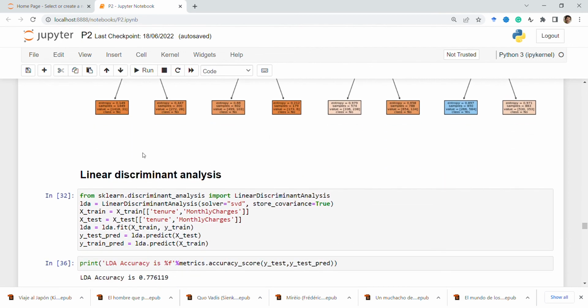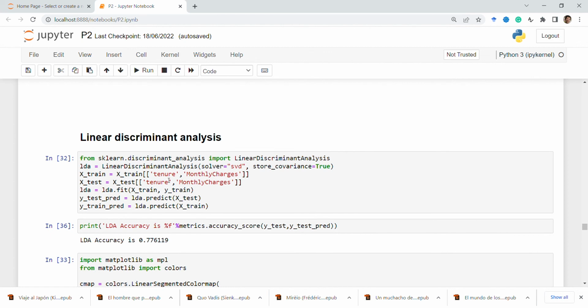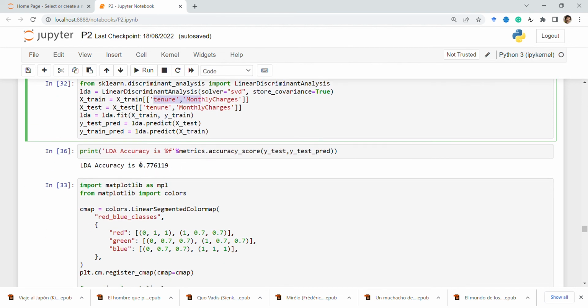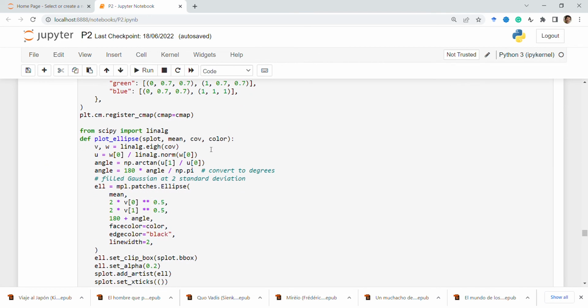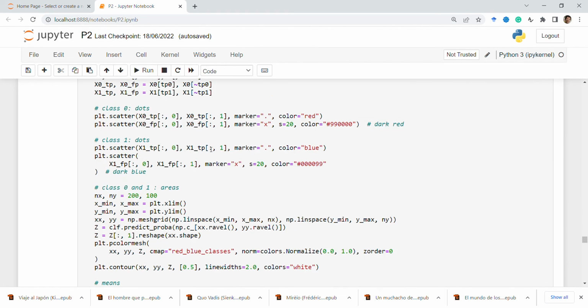But linear discriminant analysis is a classification technique that can only work with continuous variables. So we will take the tenure and the monthly charges as the only two continuous variables that we have in the dataset, and we will construct a classifier based on those.